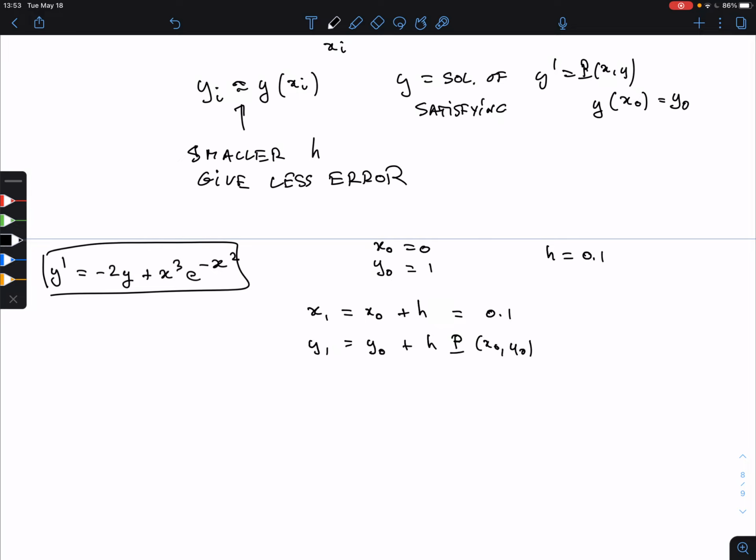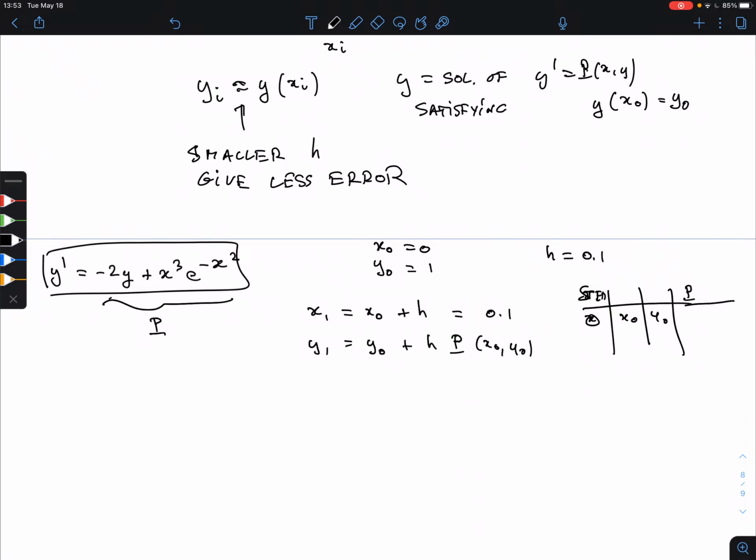And so now remember that this is our p here. So what is p? Here's the table. So let me make a little table here. Step: in this first step we have x0 and y0, and then here we have p.